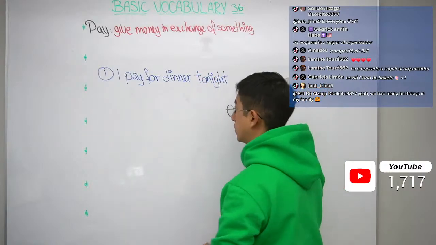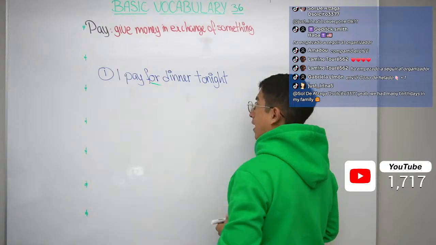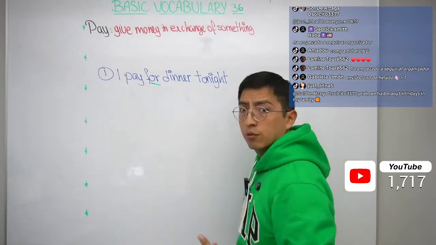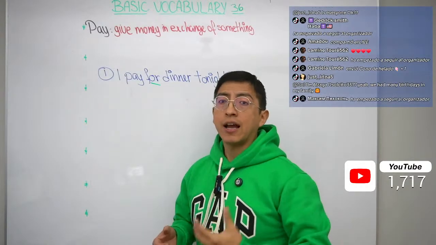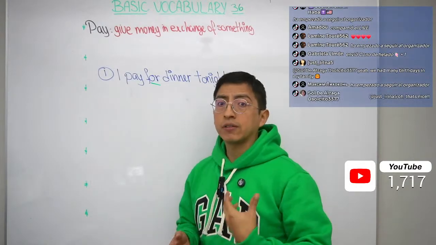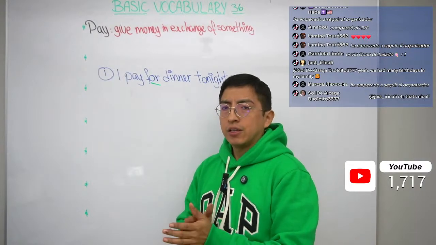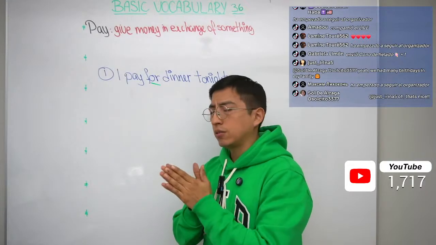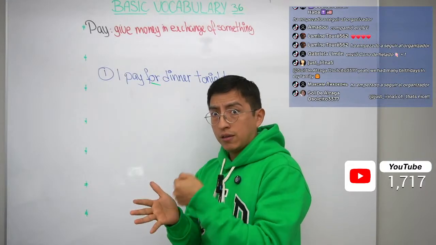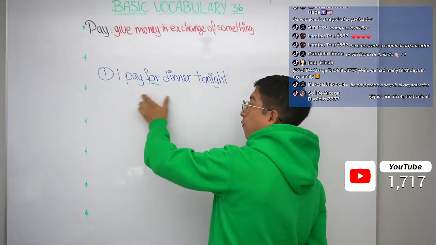I pay for dinner, I paid for the breakfast, I paid for the coffee, maybe. You're talking about a specific product, the specific product or service you're paying for. That's the first one, pay for.